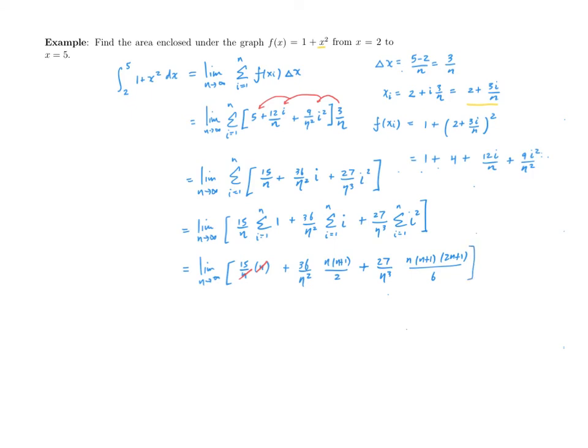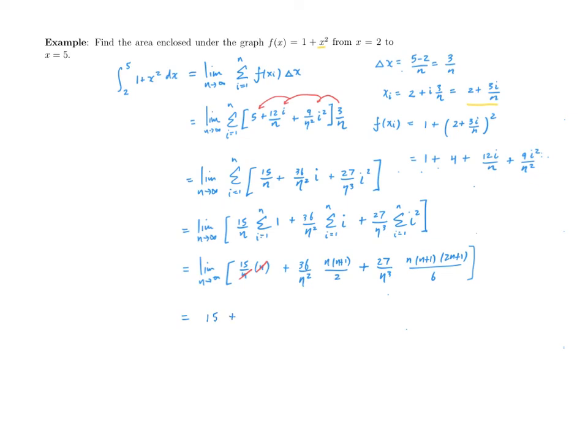And lastly, we need to take this limit, but as we've done previously, we'll just think about this term by term. The limit of the first term is simply a constant, and the remaining two terms are rational functions in n that have the same degree in the top as they do in the bottom. So it becomes a matter of dividing leading coefficients. So 15 from the constant.